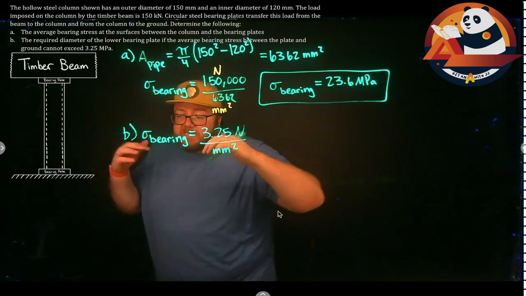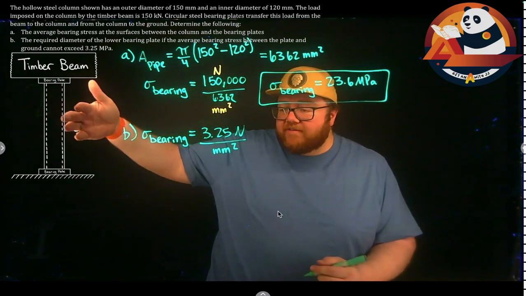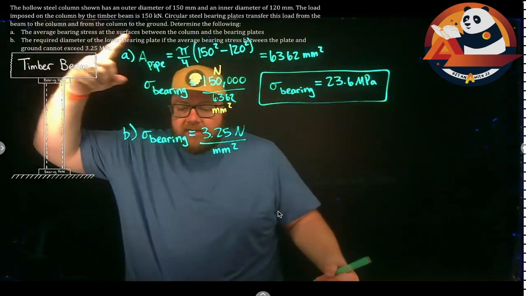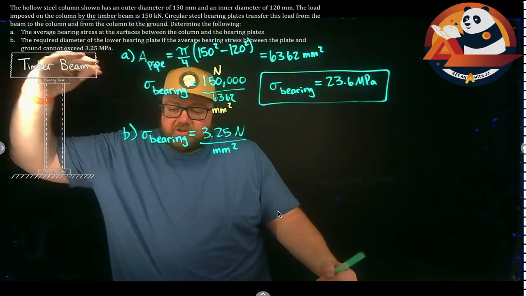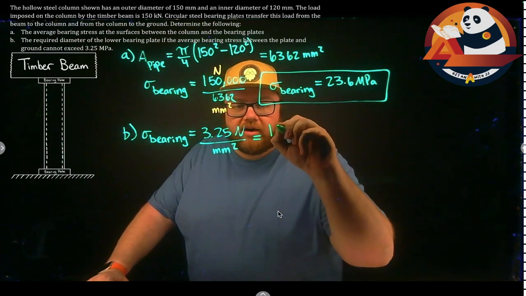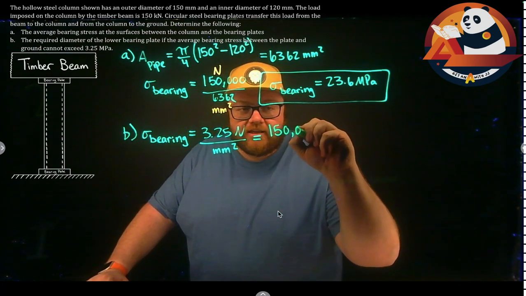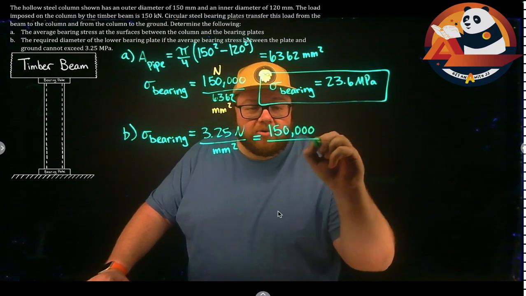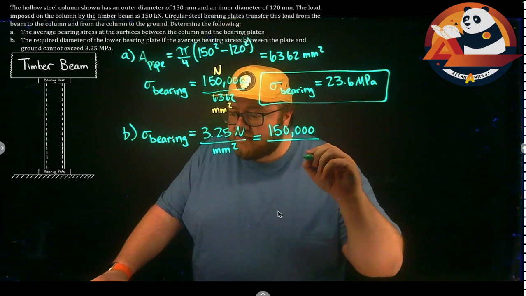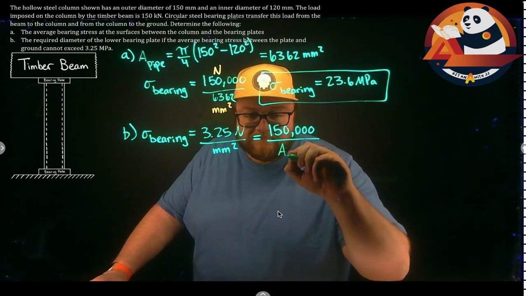But pushing down on this, my force is 150,000 newtons. That 150 kilonewtons just transfers straight through everything. So this is 150,000 newtons divided by my area of the plate.